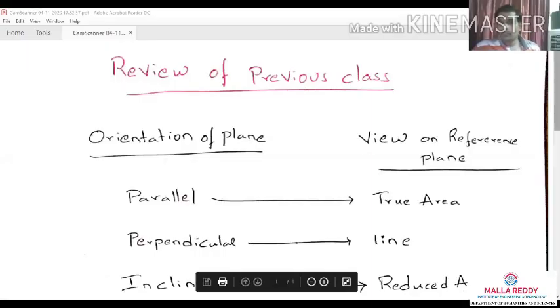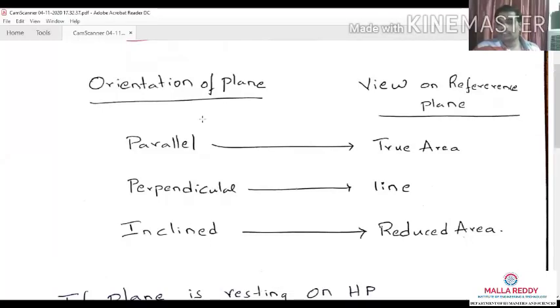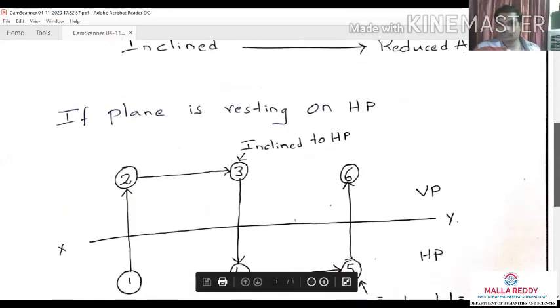When a plane is oriented to any one of the reference planes, if the plane is parallel to the reference plane, we get true area; if the plane is perpendicular, we get a line; and if the plane is inclined, we get reduced area.